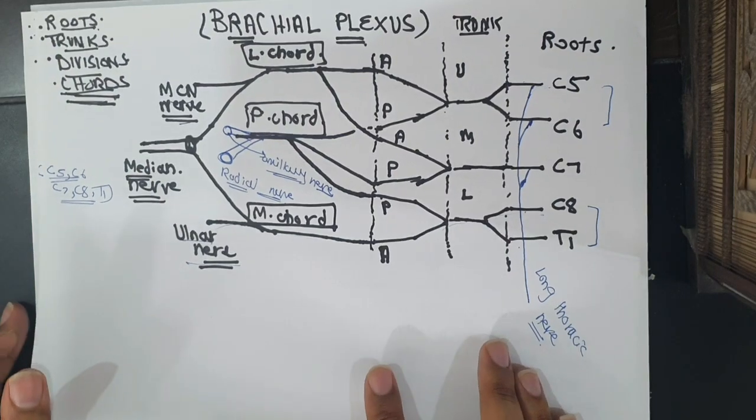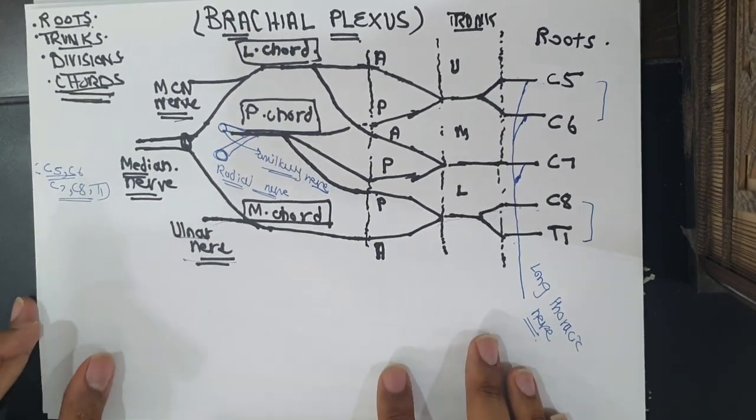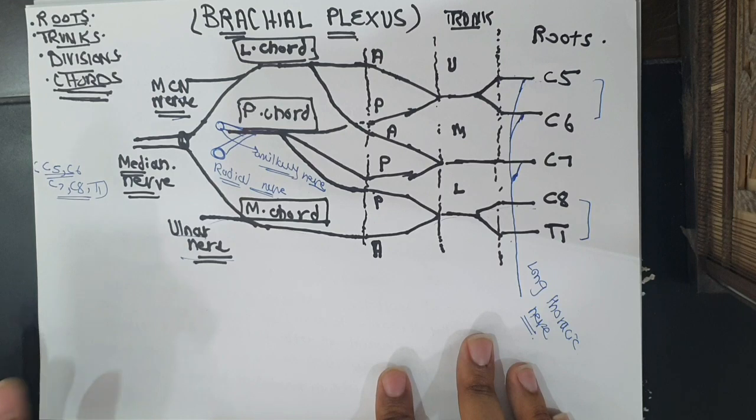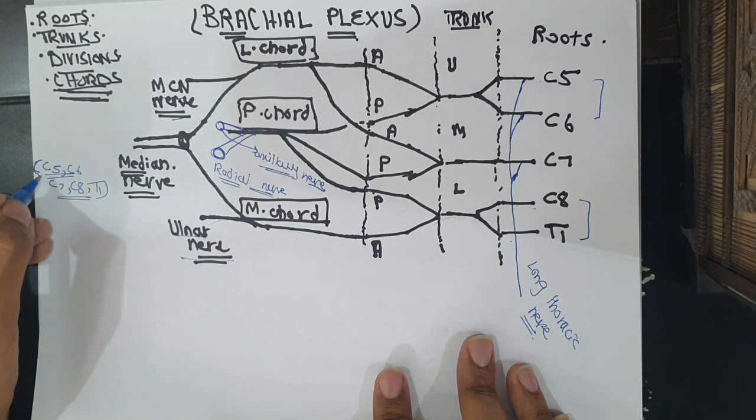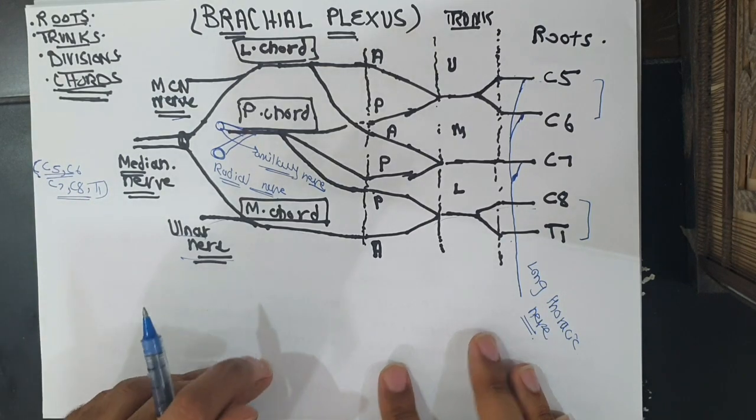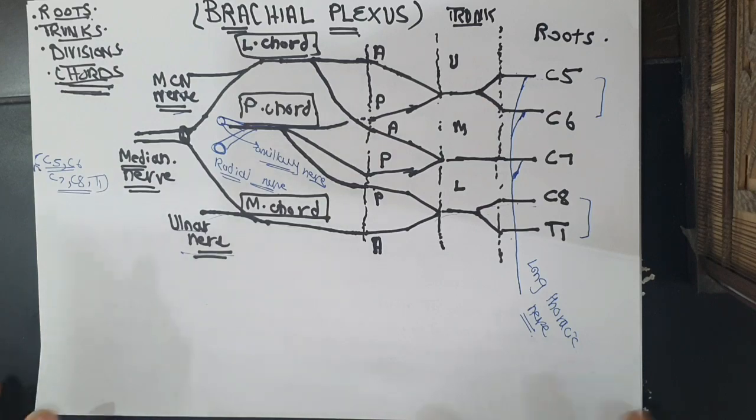So in scenarios which might be indicating median nerve injury and they ask what is the root value involved, then you are going to click the option to be C5, C6, C7, C8 and T1, all of it. Alright.